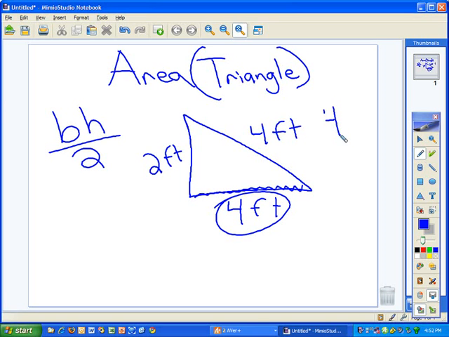Now all I have to do is find my height. And I have 2 numbers that are left. Well, I have this side that's going here, and I know my height is going straight up and down. Just like when you measure yourself, you stand straight up and down, and that tells you your height.